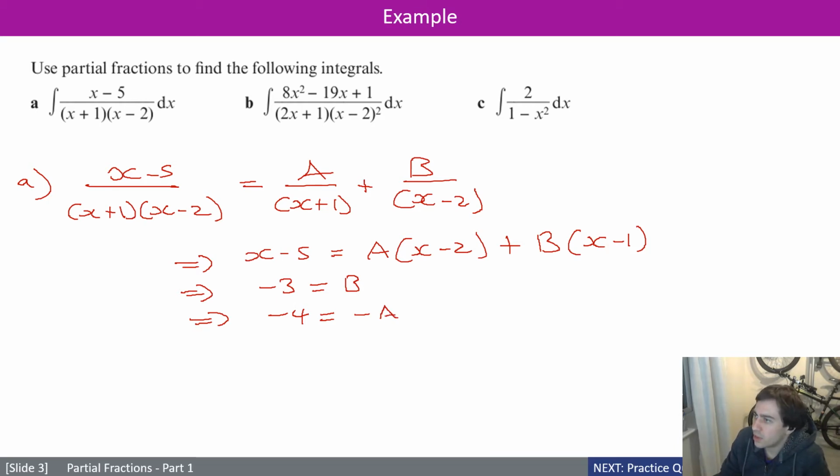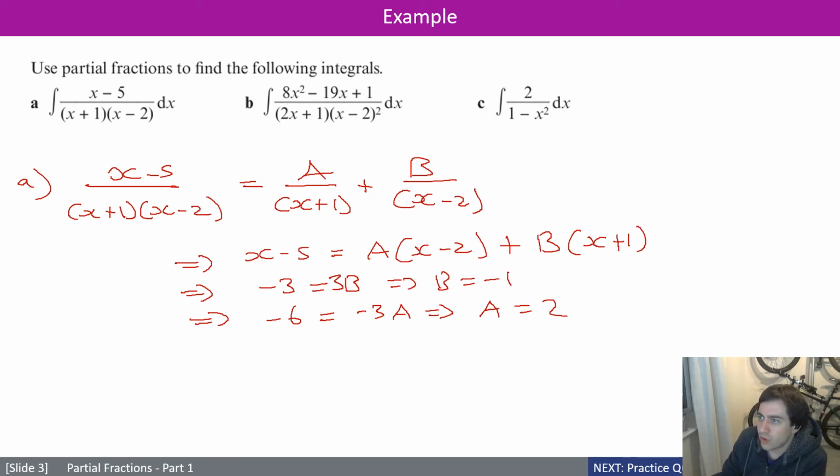Sorry, this should be a +1 here, shouldn't it? So x is -1. Let's take that back. Gives me -6 equals -3a, which implies a equals 2. And here I should have put a 3b, shouldn't I? Yeah, because x was 2. Okay, that implies b equals -1.